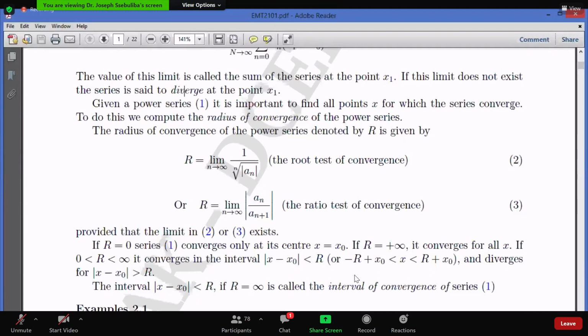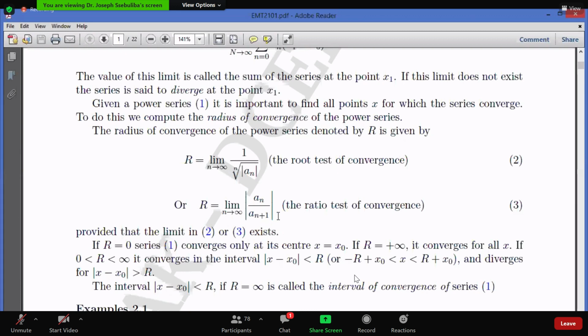Remember, if it converges, a limit exists. If it does not converge, then it means the limit does not exist. It may be continuous in nature, or it could be telescoping to infinity. We have what we call a telescoping kind of series.